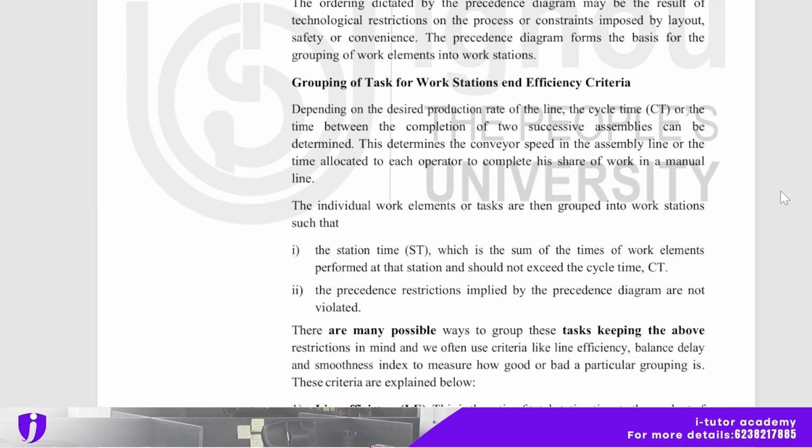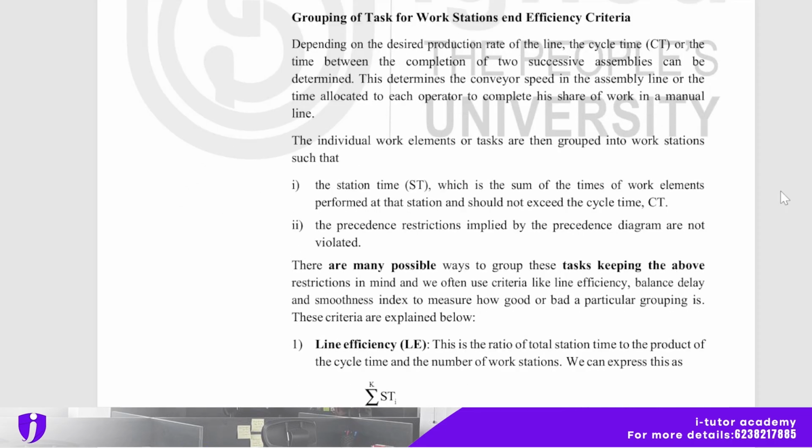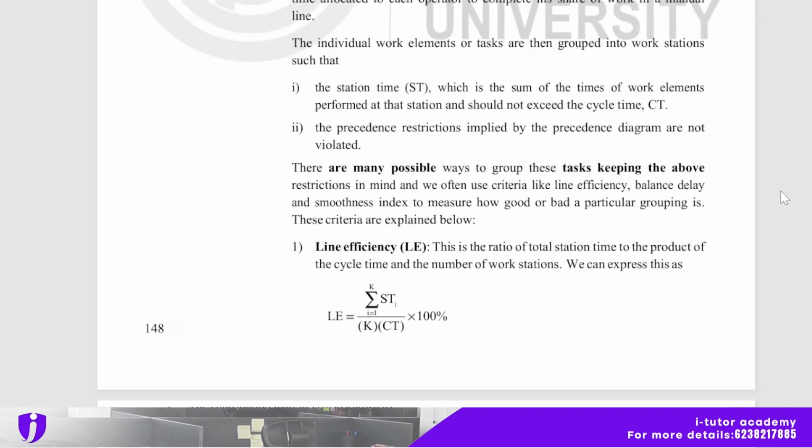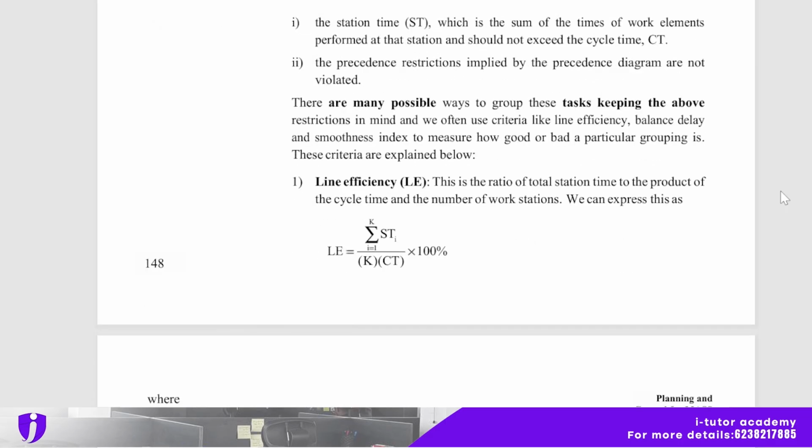The individual work elements or tasks are then grouped into workstations, such that the station time, that is ST, which is the sum of the times of work elements performed at that station, should not exceed the cycle time, that is CT. The precedence restrictions implied by the precedence diagram are not violated.